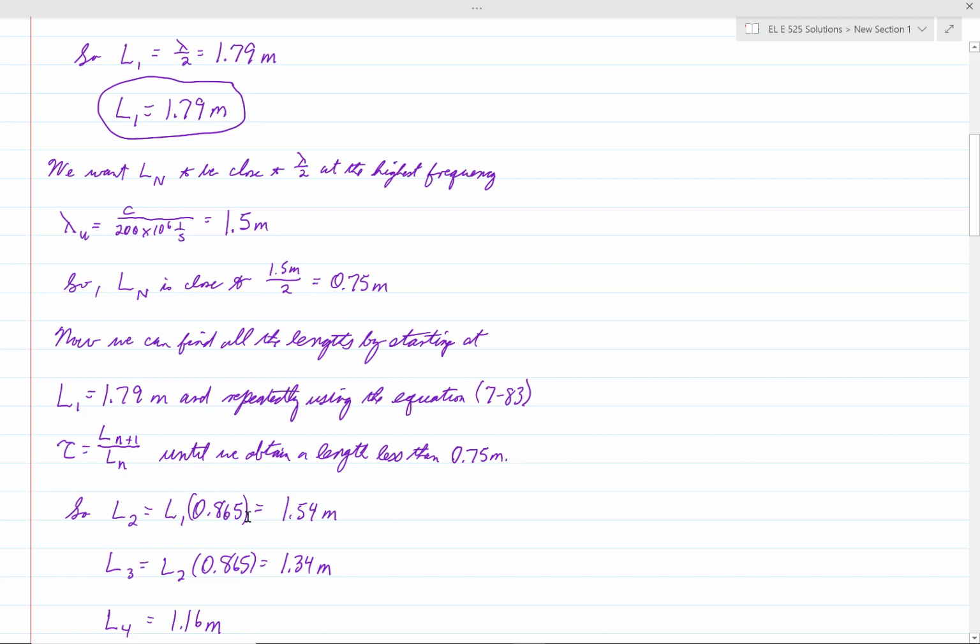So if you do this, L1 is 1.79 meters, and equation 7-83 tells us that if we let n equal 1, L2 over L1 is tau, or in other words, L2 is L1 times tau. L1 is 1.79 meters, so 1.79 meters times tau is 1.54 meters.